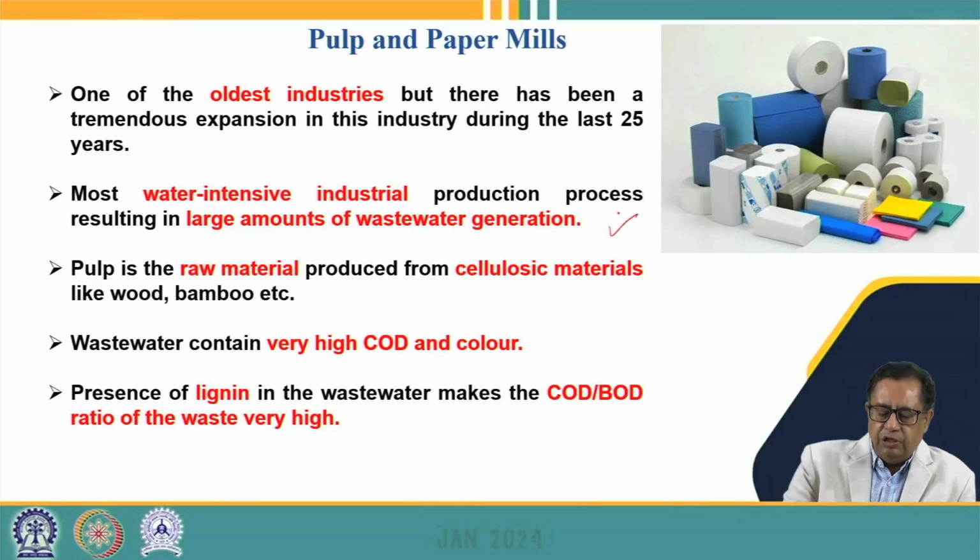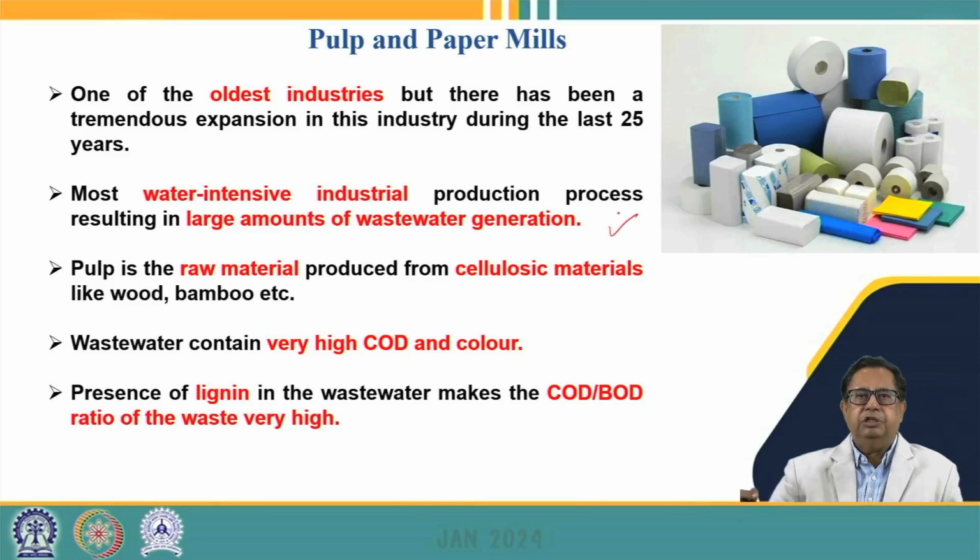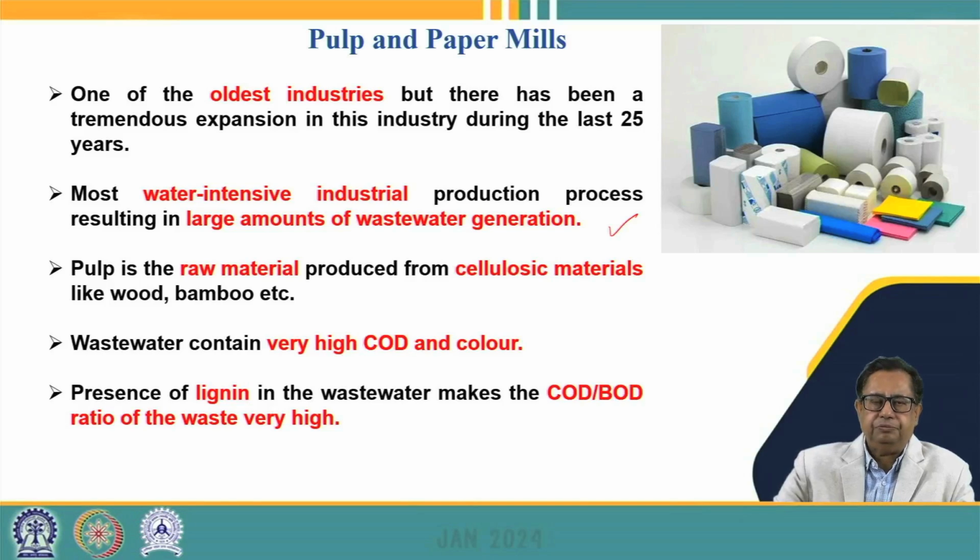But the main problem of the pulp and paper industry is that it is a highly water intensive industrial process. So it needs a very high amount of water for its different processes that we'll be discussing just now, and because of the large amount of water that is required, it may lead to the huge generation of wastewater.